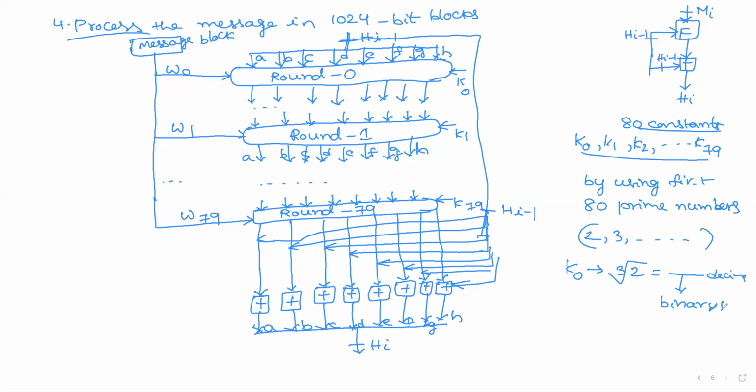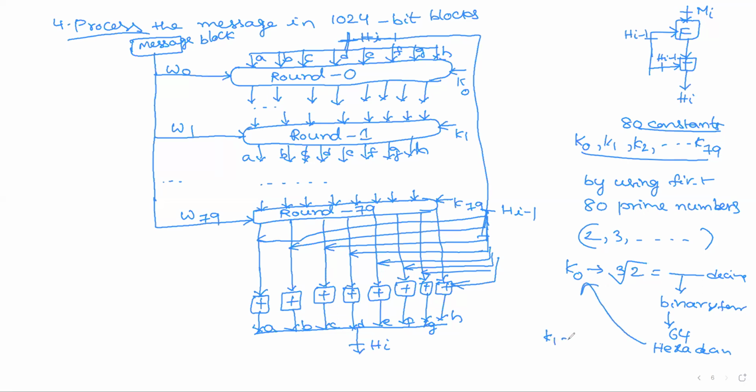After writing that into binary form, you have to take only the first 64 bits and represent them in hexadecimal form and assign that value to K naught.